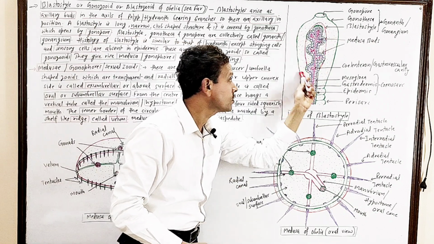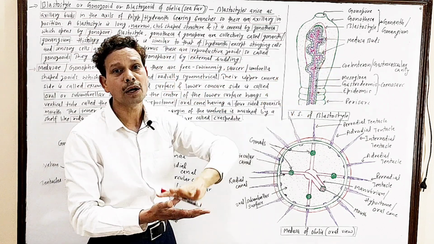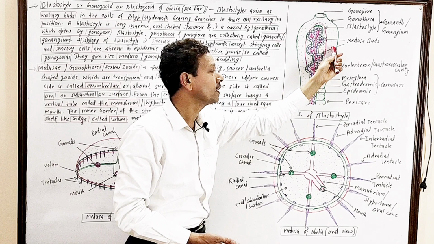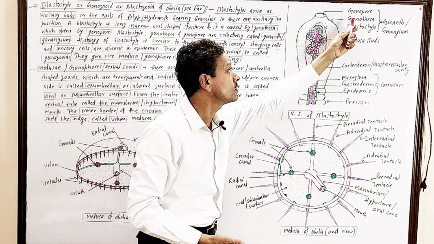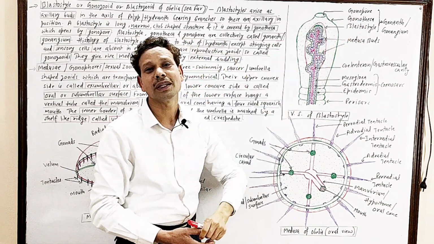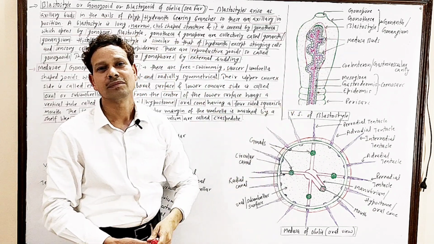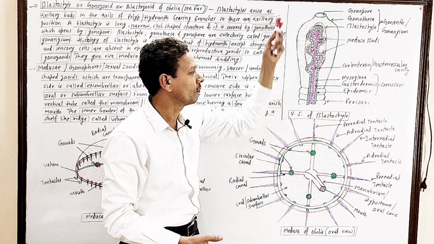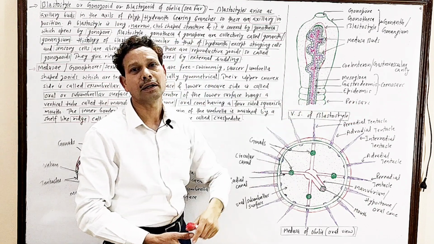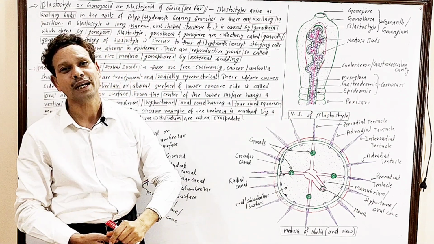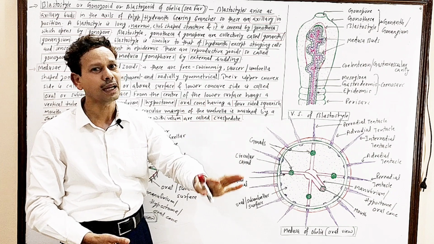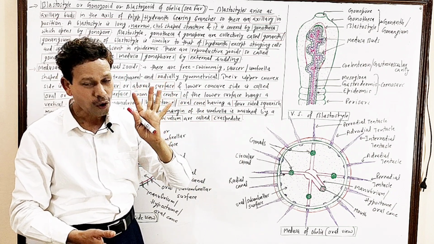This entire structure, this Blastostyle, is well covered by a sheath, and this cortex, dear students, it is Gonotheca. This Gonotheca, the outer coat, the sheath, is an extension of the perisarc. It is an exoskeleton in the case of Obelia.